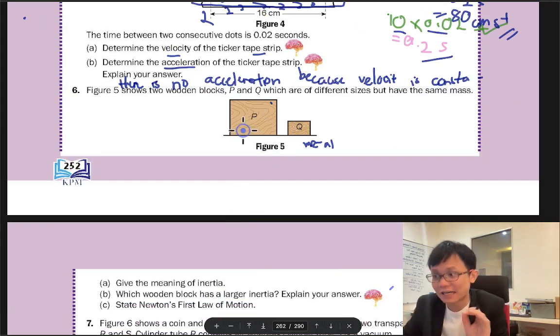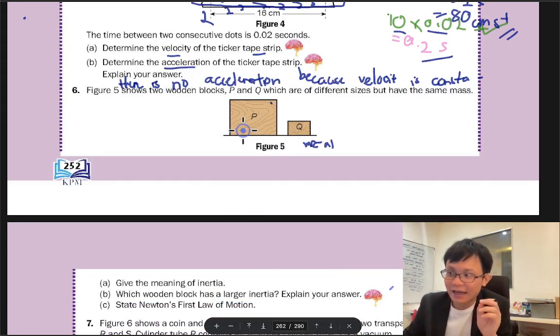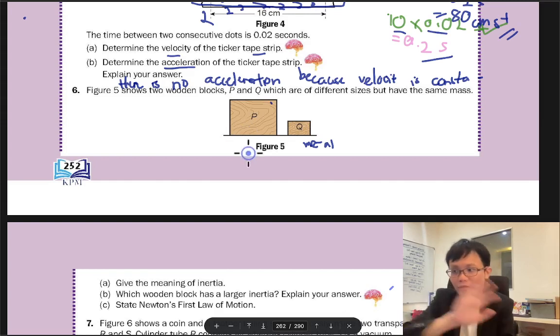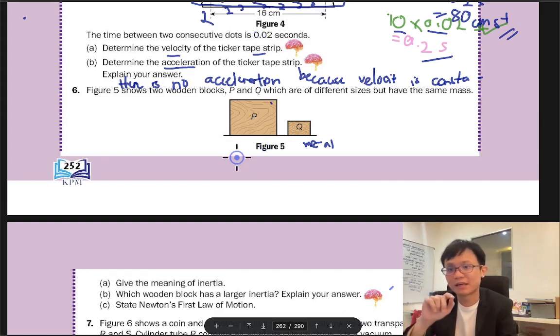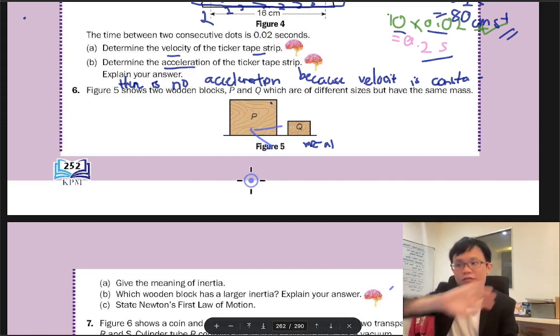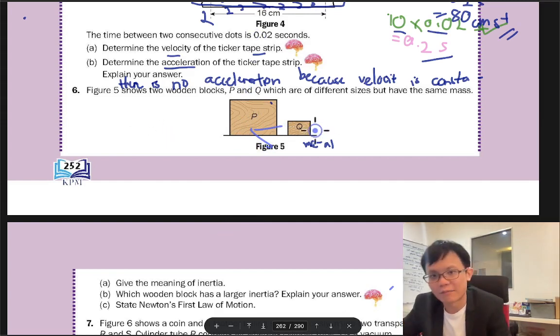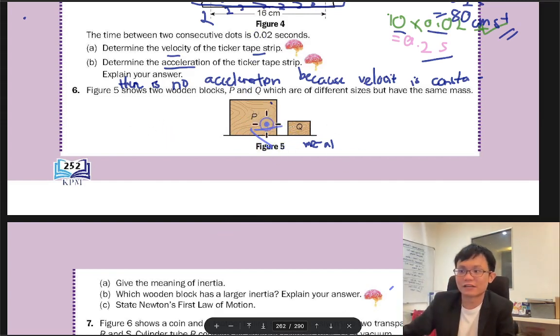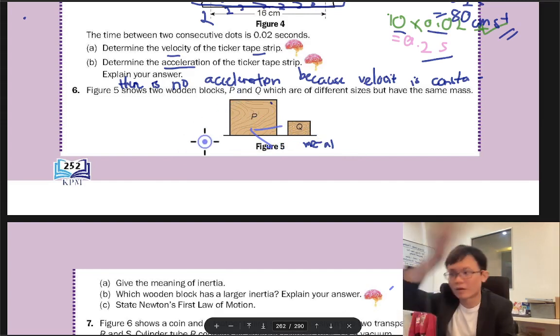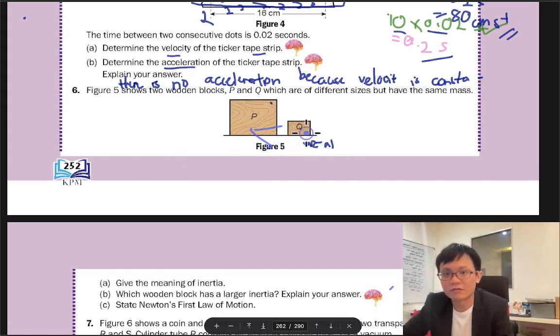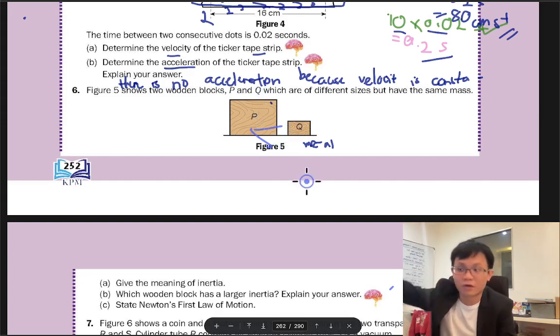Let's say people throw P, 5 kg, at you, you block, and people throw Q, 5 kg, at you. 1 kg lah, 5 kg too heavy. P at you, you block, people throw Q, you block.